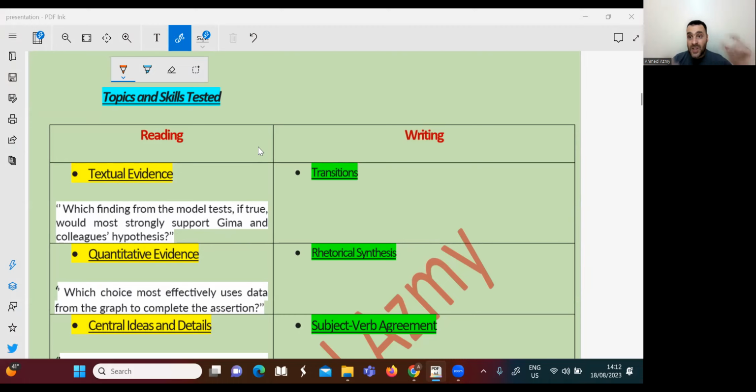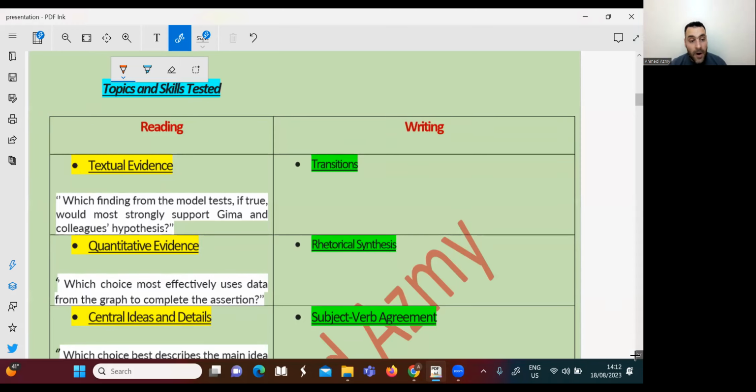Meaning you have a hypothesis in the text and you choose one choice that best supports this hypothesis. So you need to be trained on how to answer those questions.